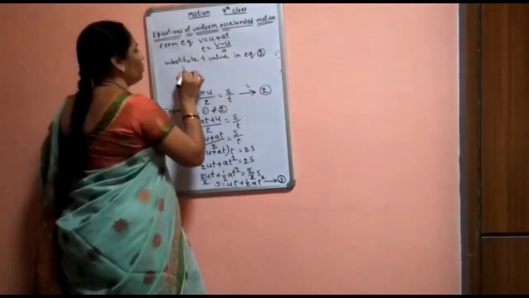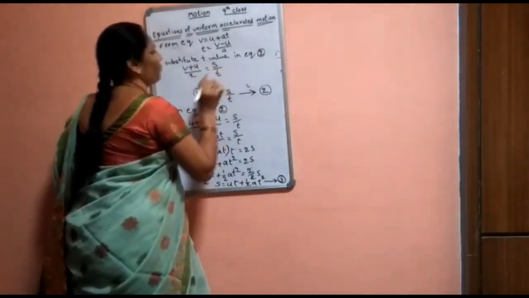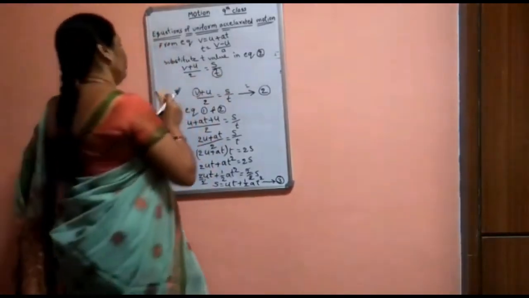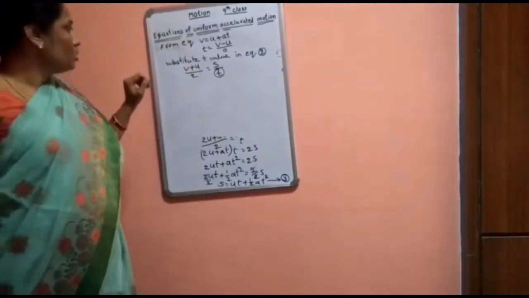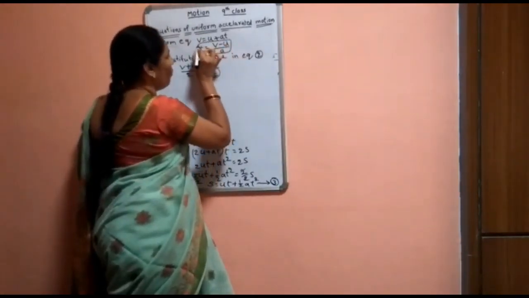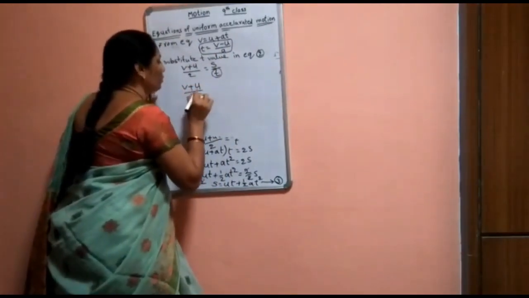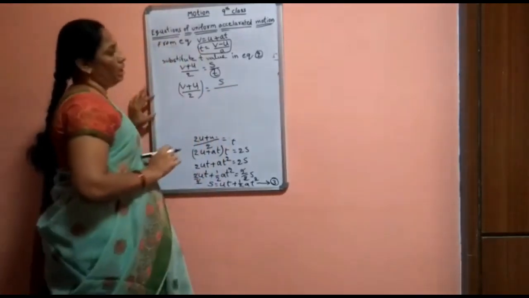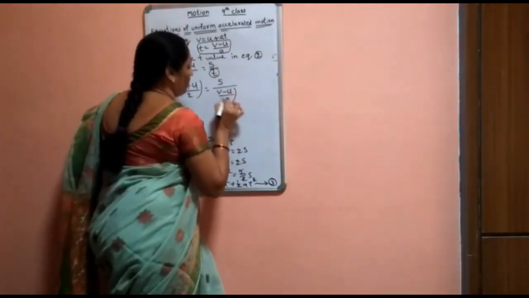What is equation 2? v plus u by 2 is equal to s by t. So here in the place of t, we substitute t is equal to v minus u by a.